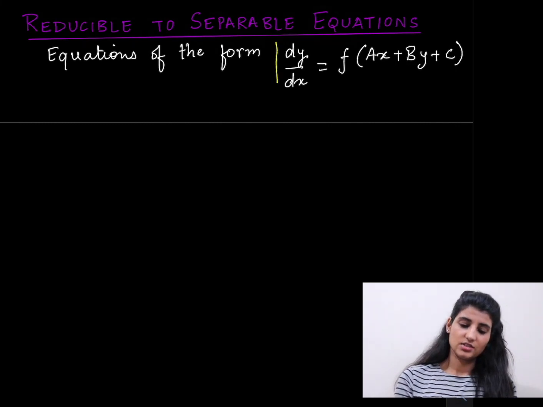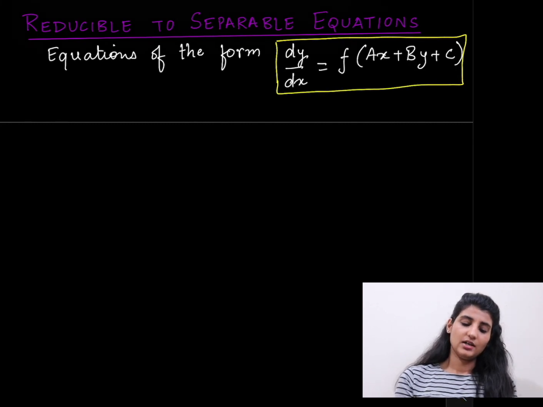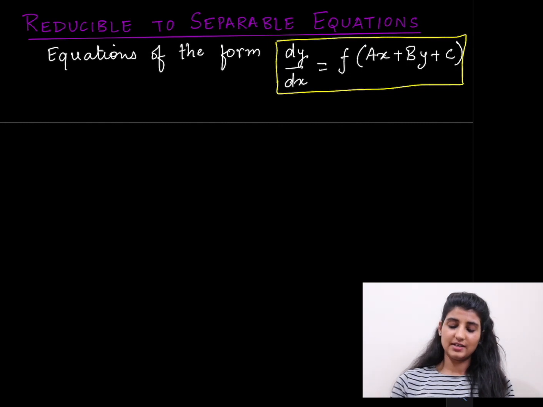We are going to discuss this type of equation today. An important point to note here is if b is equal to 0, then it's already in separable form. So we are going to consider b not equal to 0.